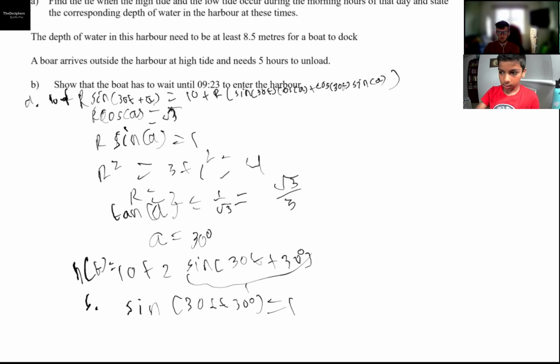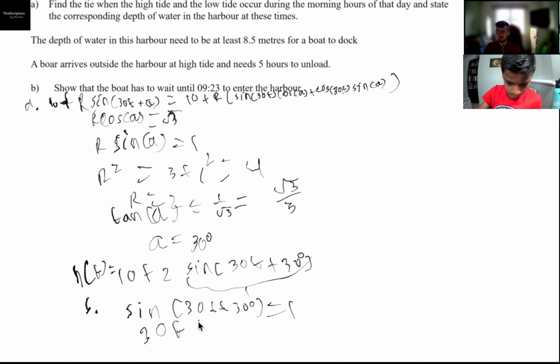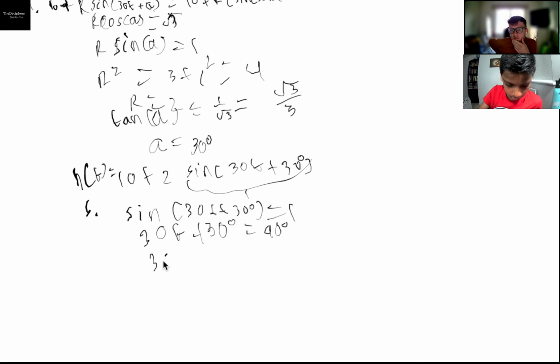So 30 plus 30 degrees is 90 degrees, so 30t equals 60. t is 2. So 2 hours after midnight, it reaches maximum.